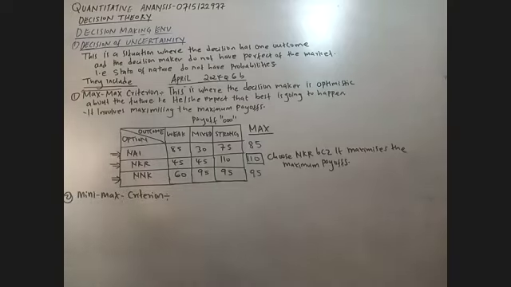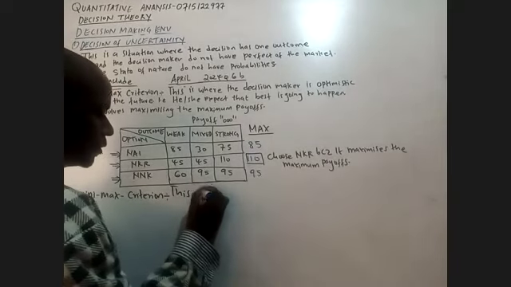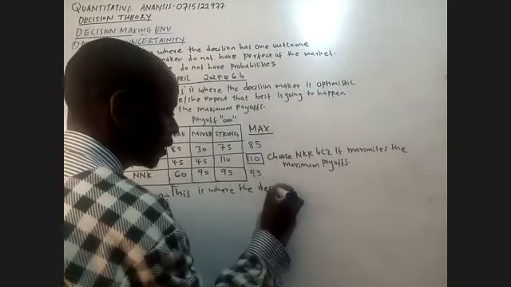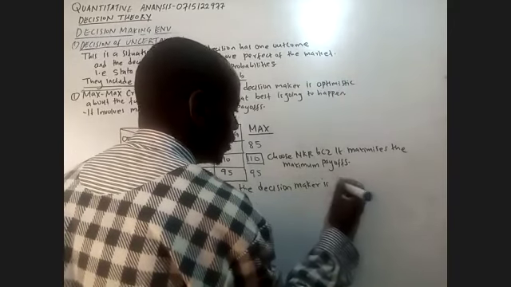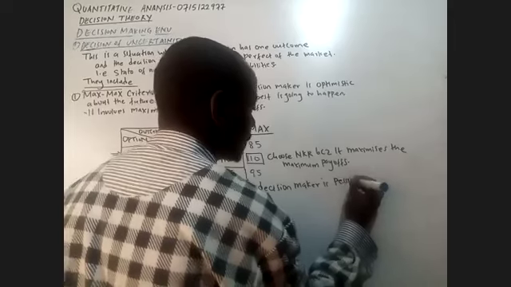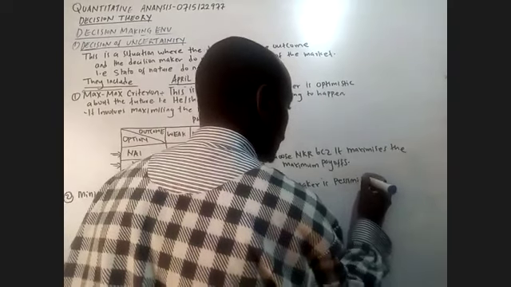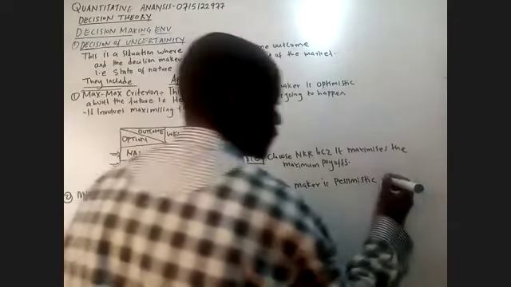Now this is where the decision maker is optimistic, is pessimistic. This is where the decision maker is pessimistic about the future.